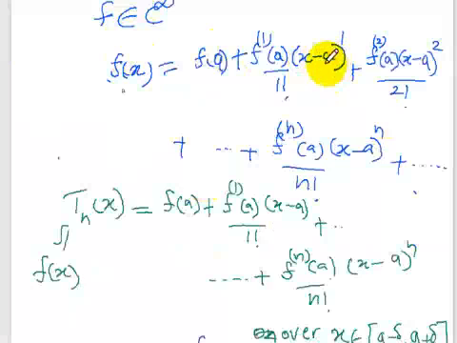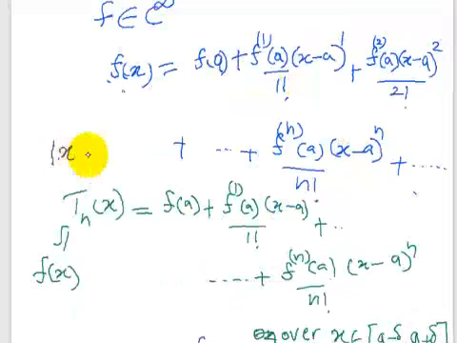around any point, say a. Suppose we found the Taylor expansion of f around a, which is an infinite series. We know that this infinite power series converges to f of x over this interval here.